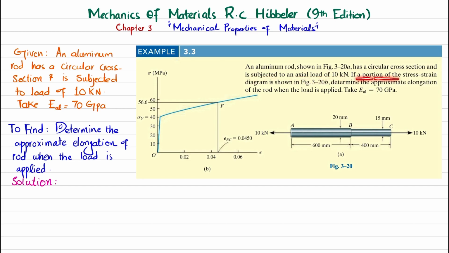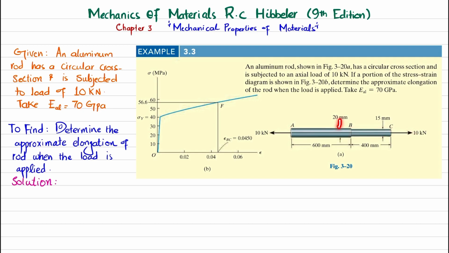If the portion of the stress-strain diagram is shown in 3-20B, determine the approximate elongation of the rod when the load is applied. Take the modulus of elasticity of aluminum as 70 gigapascal. So you can see this is the step rod having a 10 kilonewton tensile load.